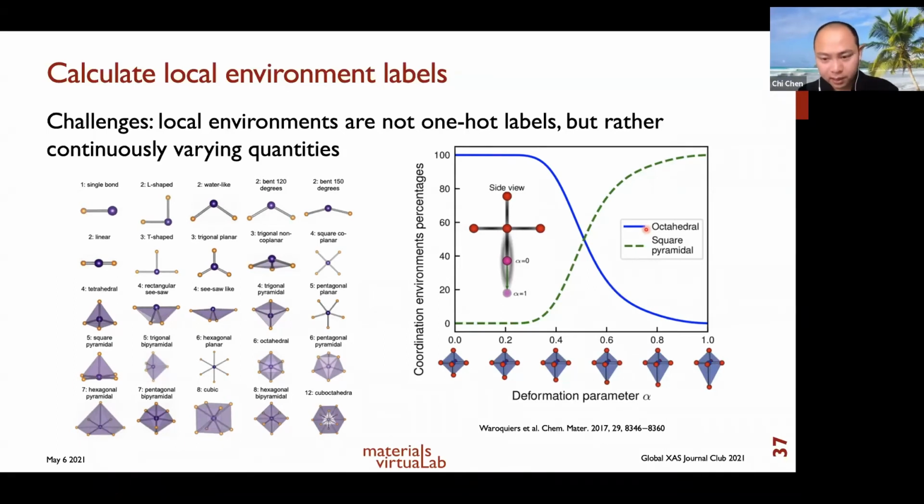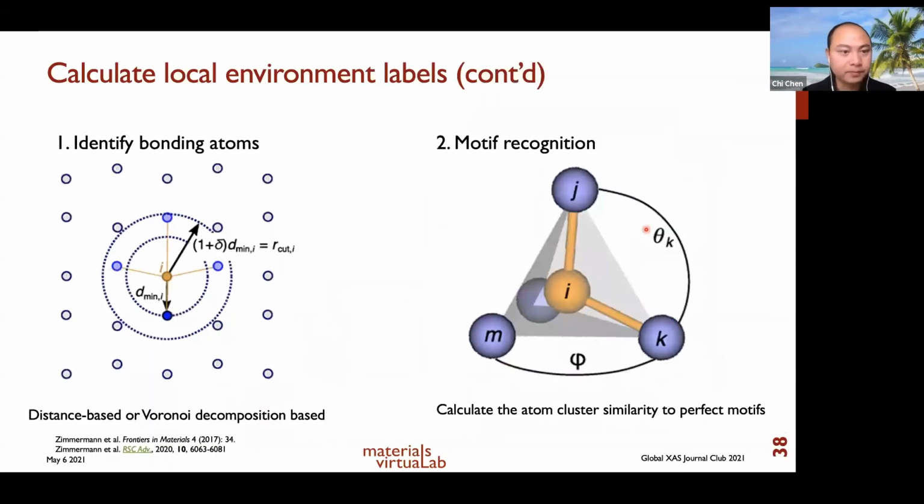For example, as I show on the right, you can see that the local environment changes continuously from an octahedral environment to a square pyramidal environment. So the idea is to use a continuous number as the local environment representation.